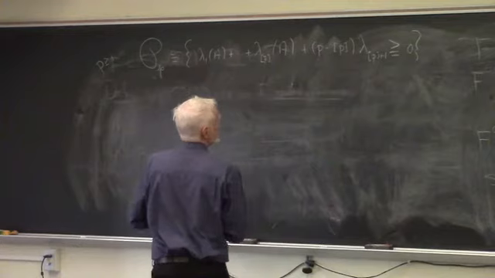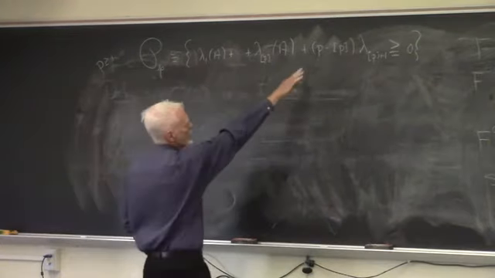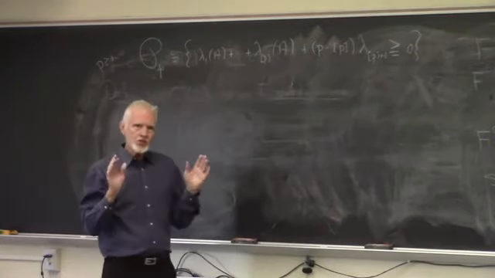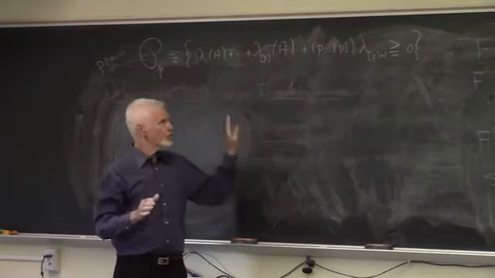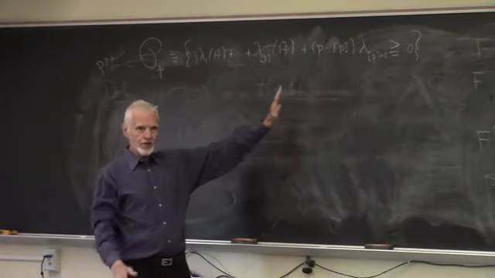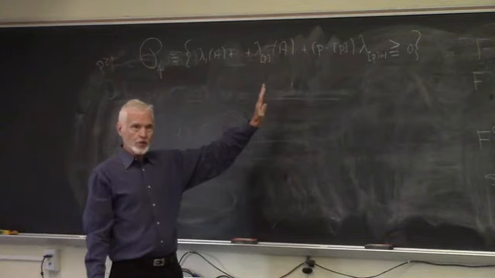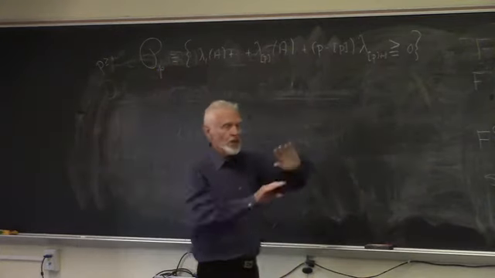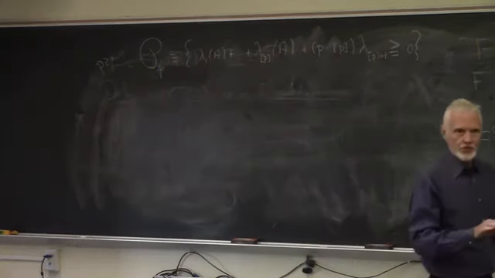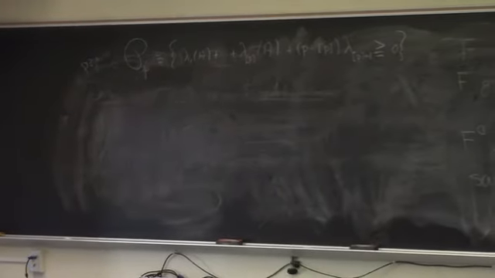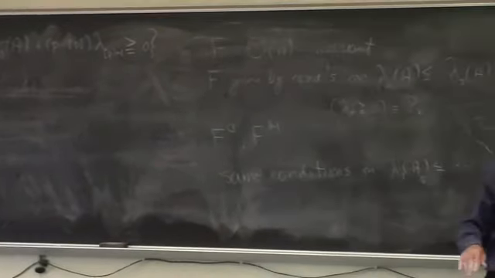But I'll try to justify this, but let's take the case where p is an integer. Then this is just the statement that the sum of the first p ordered eigenvalues is greater than or equal to 0, which is equivalent to the fact that the trace on every p-plane is greater than or equal to 0. So it's one of these geometric guys where you take the whole Grassmannian.